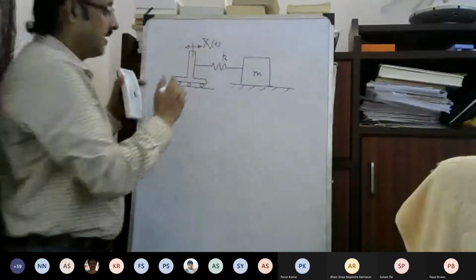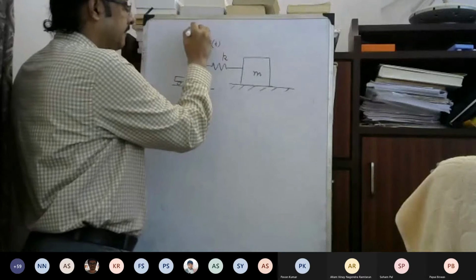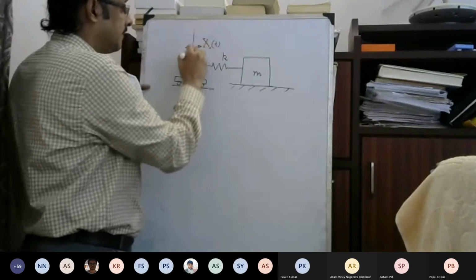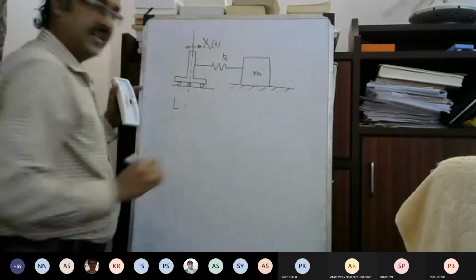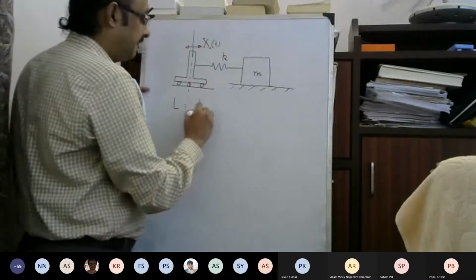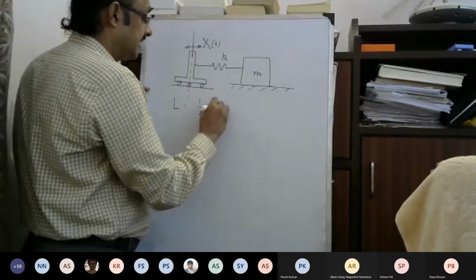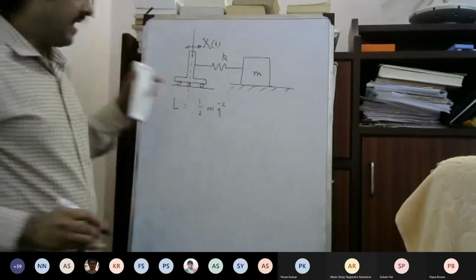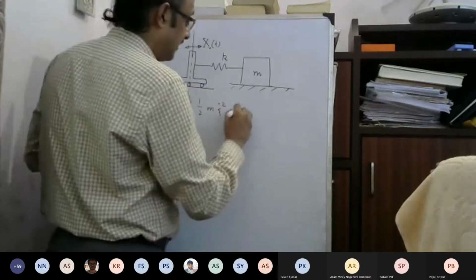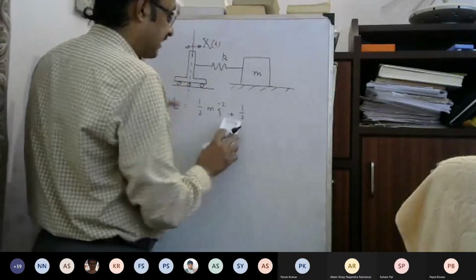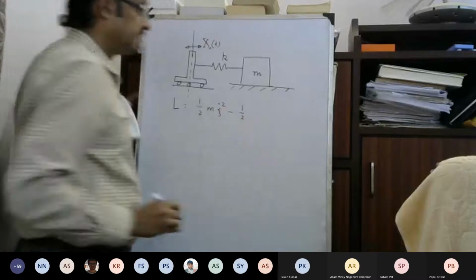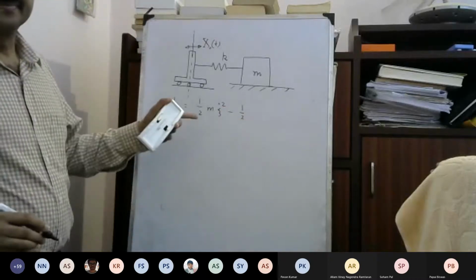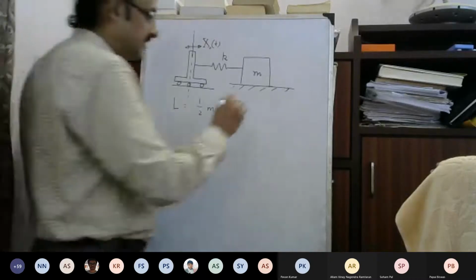Now if you consider the Lagrangian of this, L equals half m zeta dot square, the kinetic energy, minus the potential energy. What will be the potential energy of this?